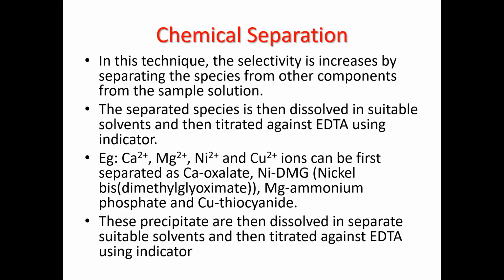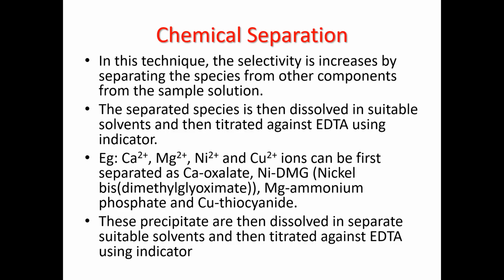An example is calcium, magnesium, nickel, and copper ions, which can first be separated as calcium oxalate, nickel dimethylglyoximate, magnesium ammonium phosphate, and copper thiocyanate. So these can be separated in this form, and the precipitates that are formed are now dissolved in suitable solvents, which can then be titrated against EDTA using an indicator.